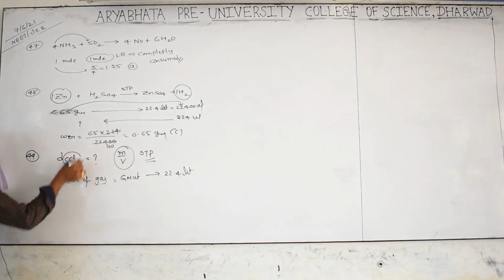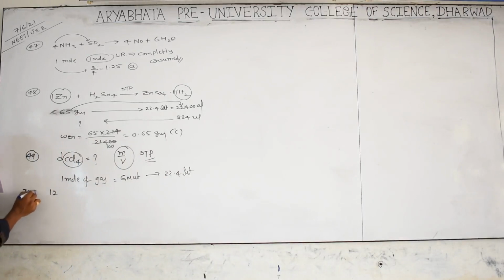What is the gram molecular weight of CCl4? 1 carbon, 12, plus 4 into 35.5 for 4 chlorines, which is 142. So 142 plus 12 is 154.